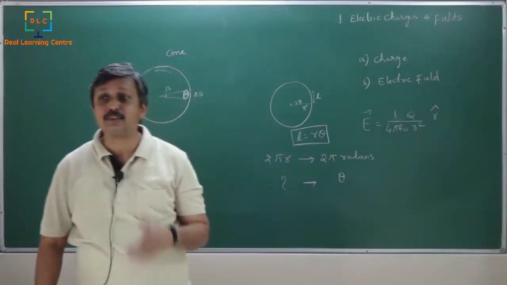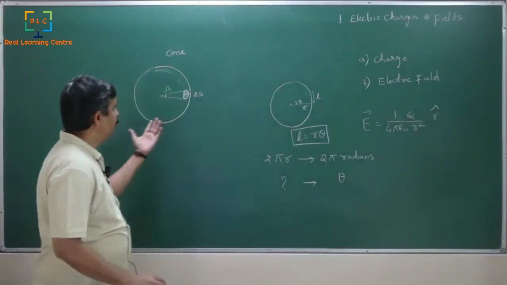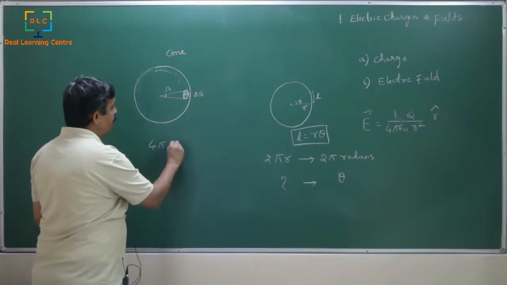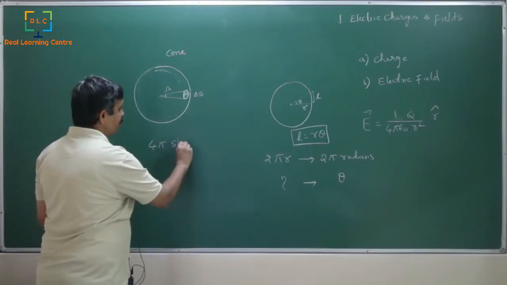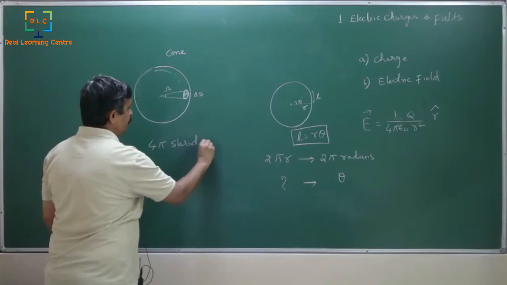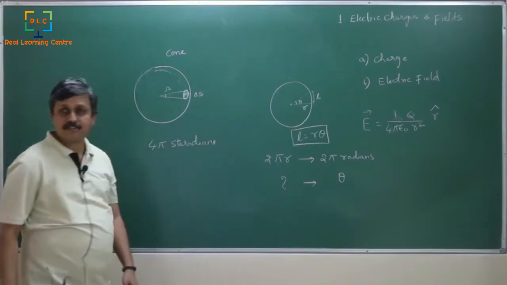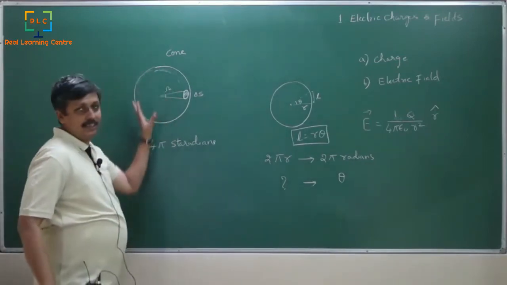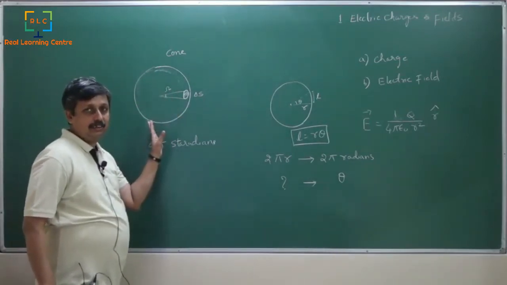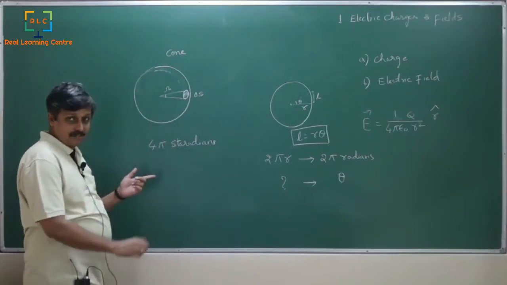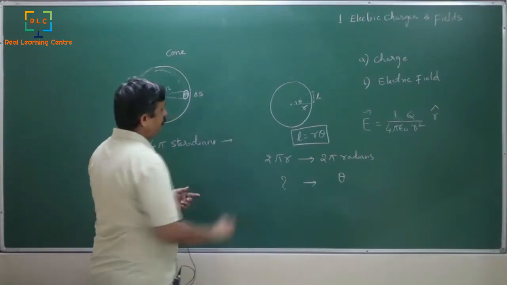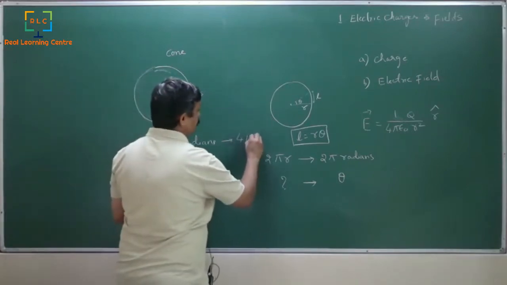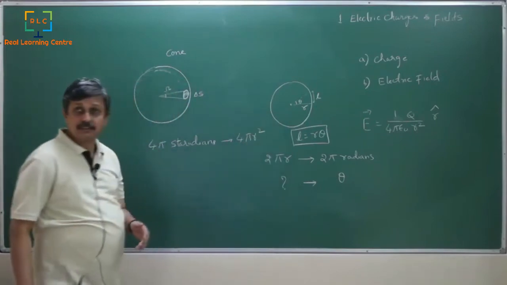Similarly, the sphere contains an angle of 4 pi radians. Steradians is the unit of a solid angle. So for 4 pi steradians you have the whole surface area, which is nothing but 4 pi r square, the surface area of a sphere.